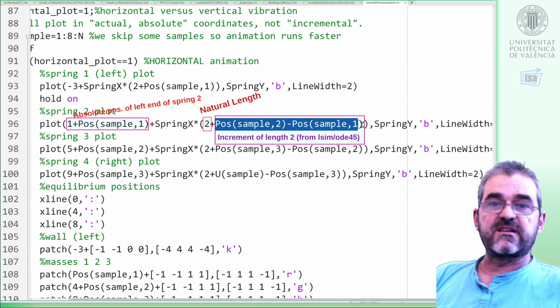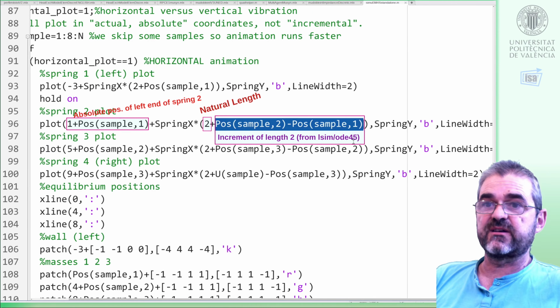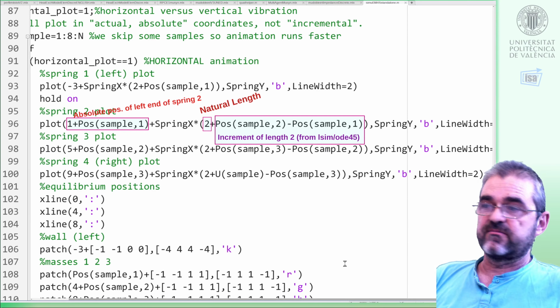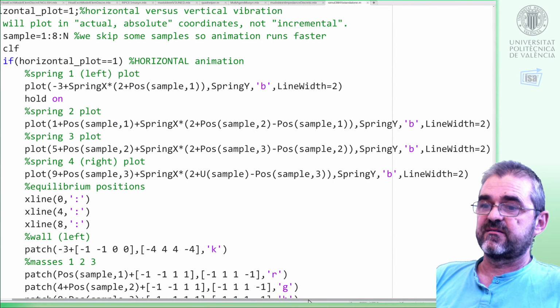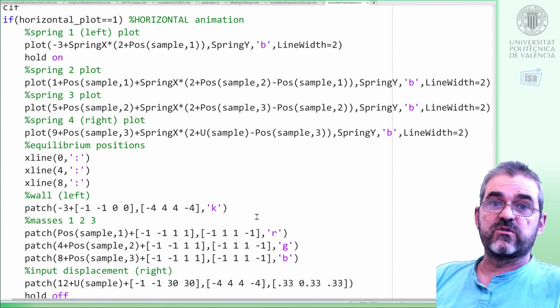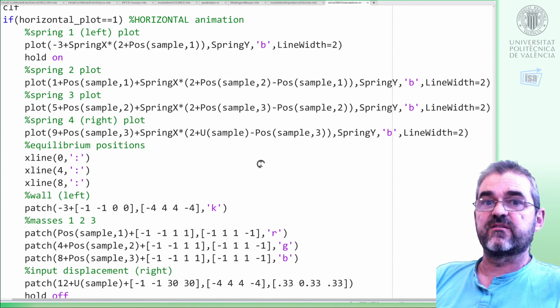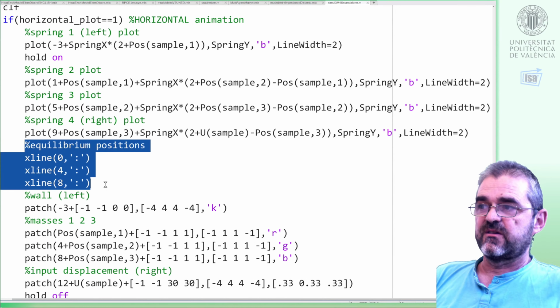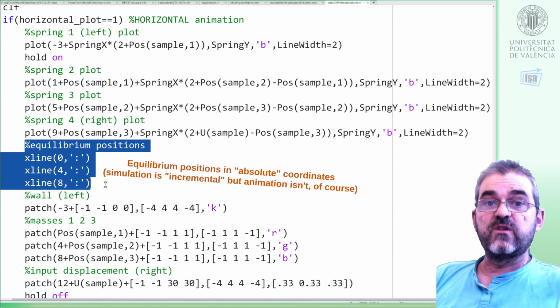The second spring's length depends on the difference of positions of mass 2 and mass 1, and so on. You are invited to have a look at this code to see how it works, or even change some numbers to see how springs get drawn at different places. 0, 4, and 8 will be the equilibrium positions in absolute coordinates.